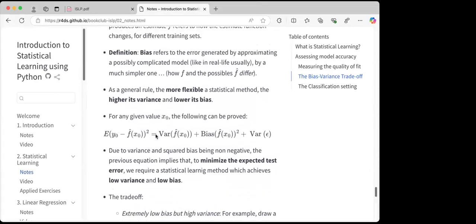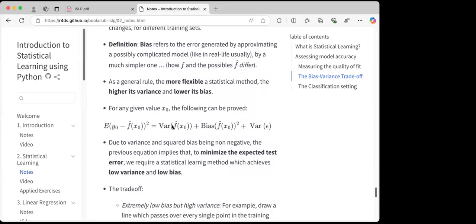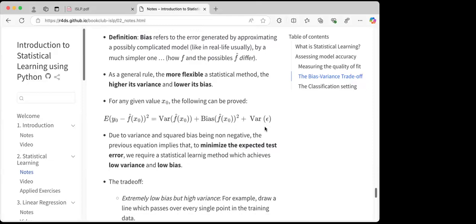The expected test MSE can be broken down into three components: the variance of the estimate of f at x0, plus the squared bias, plus the variance of the error term epsilon, the irreducible variance we saw in the first equation.